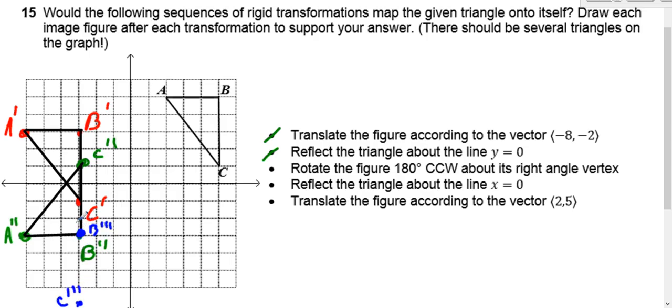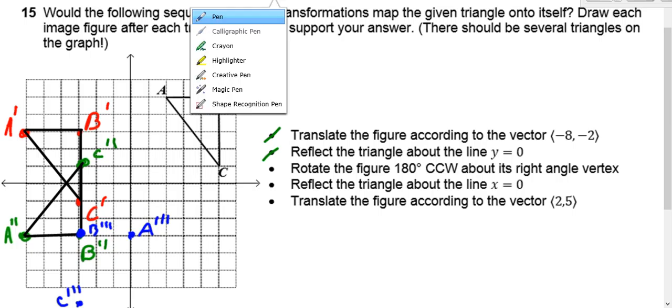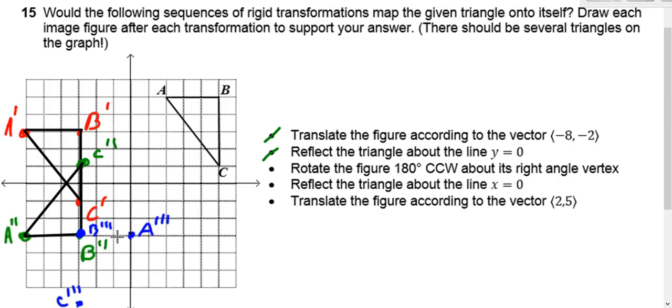And if you rotate this, A, instead of being on the left, we go to the right 3 units. That would be A triple prime. And you can draw that in there.